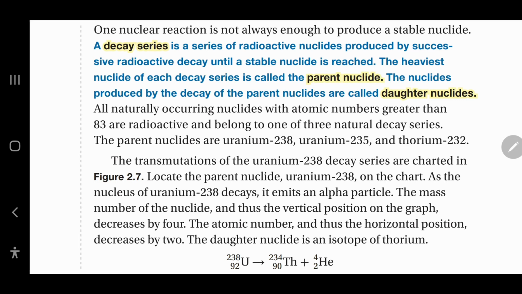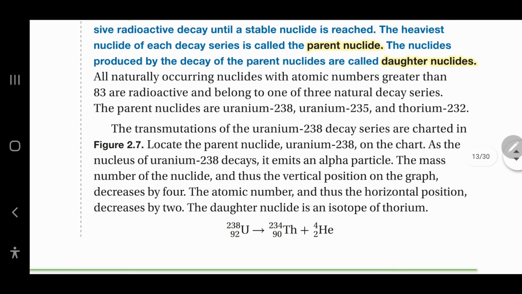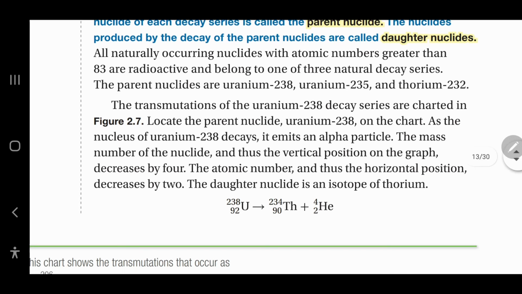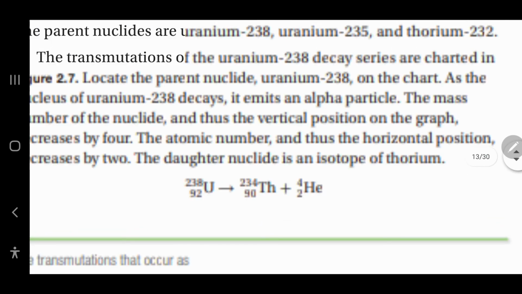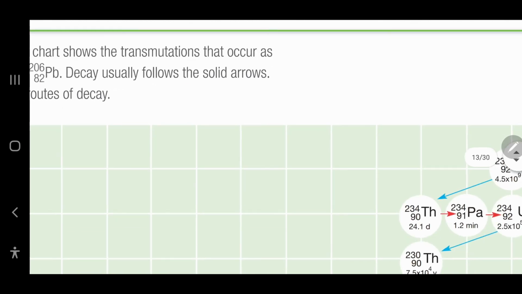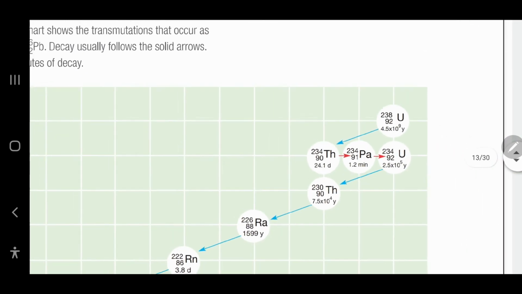So, as a start, the transmutation of the uranium 238 decay series is charted below. As you can see in this equation, it is a transmutation changing uranium to thorium with emission of alpha particles, which is helium, as we see here. So this is the uranium decay series, as you can see.